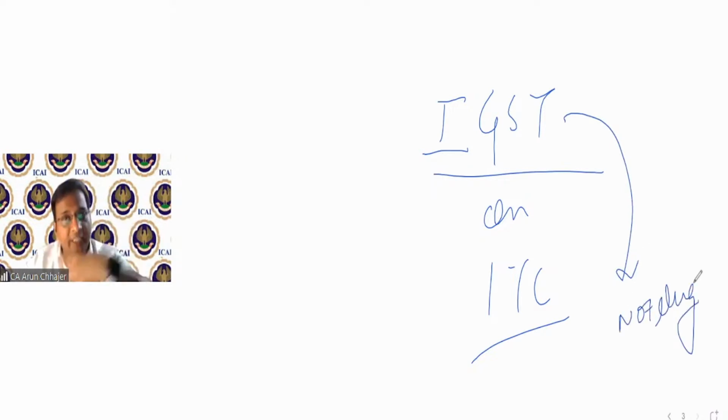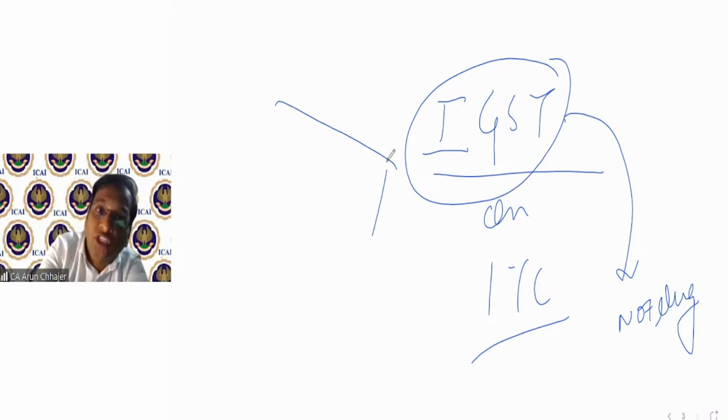Suppose I have purchased a motor car from another state, or I have incurred expenditure on construction, which we discussed in 17(5), on which tax has been charged as IGST. Can I take the ITC? The answer is no. That IGST would be apportioned between center and state.